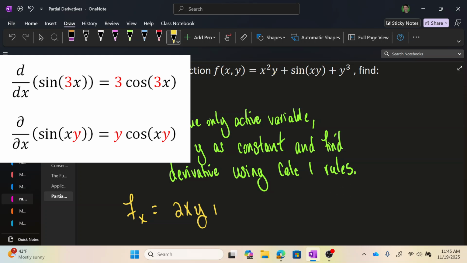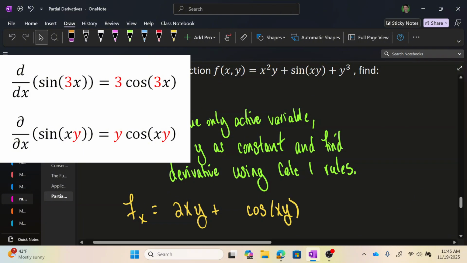I will need to keep the derivative of the outer function, turning that sine into a cosine. And then I will need to take the derivative of the inner function, the derivative of x times y. The derivative of x times y with respect to x is just going to be the constant multiple y. And that's just once again following from constant multiple rule.